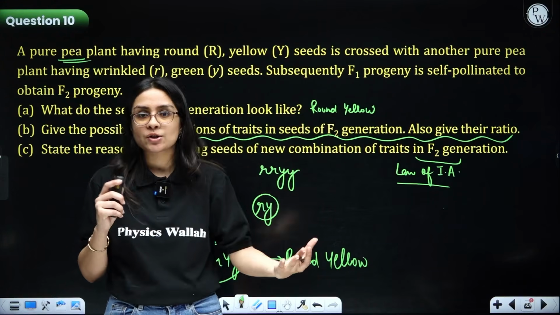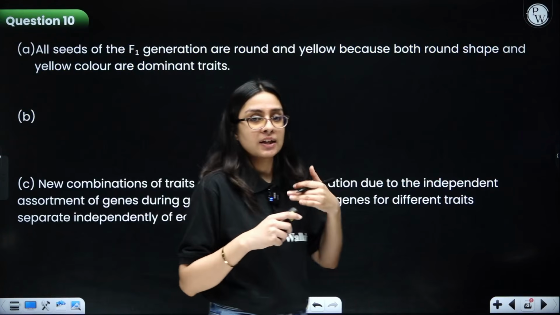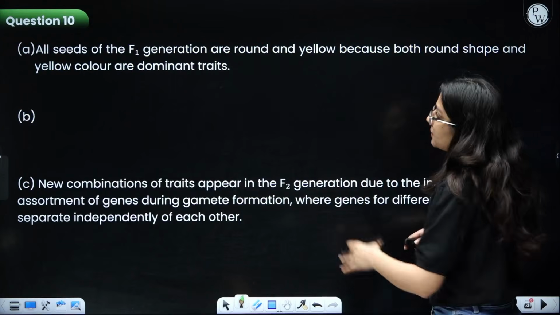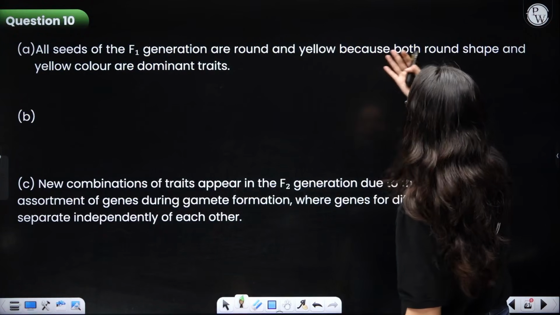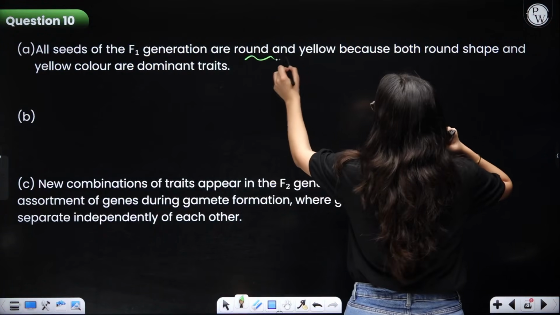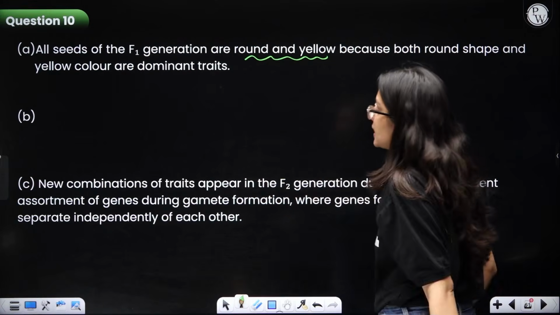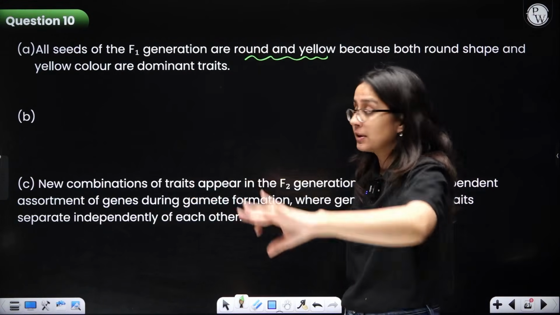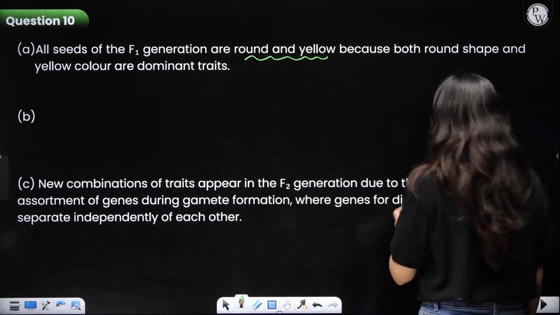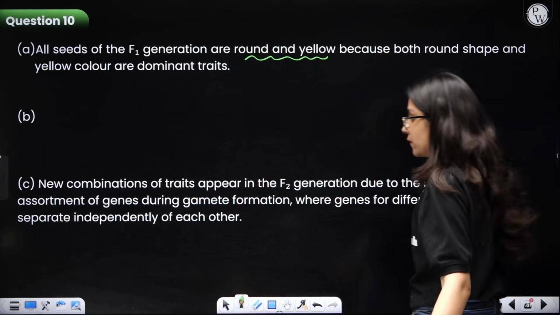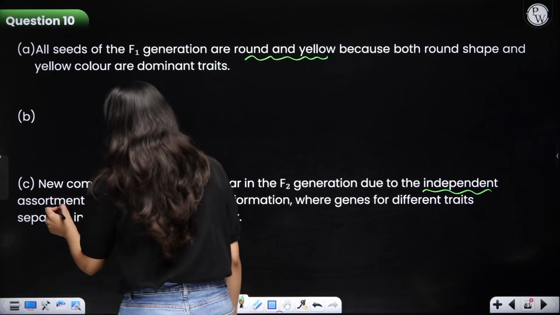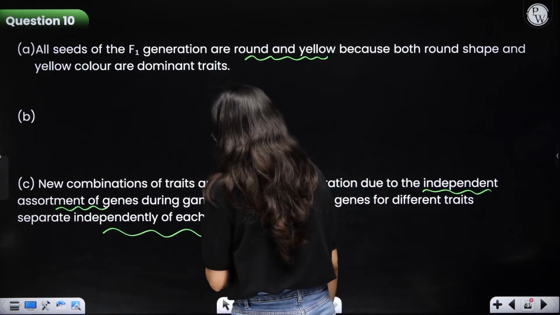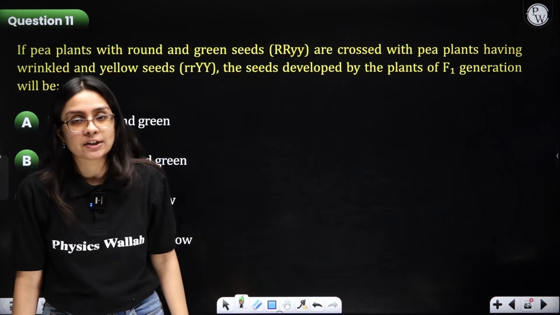So the inheritance of one gene will not affect the inheritance of the other gene. All the F1 will look round and yellow because both have dominant traits in them, both are heterozygous. We have just seen the dihybrid cross. New combination occurs because of the independent assortment of genes, that is, during gamete formation the genes separate independently of each other, they are not linked together.